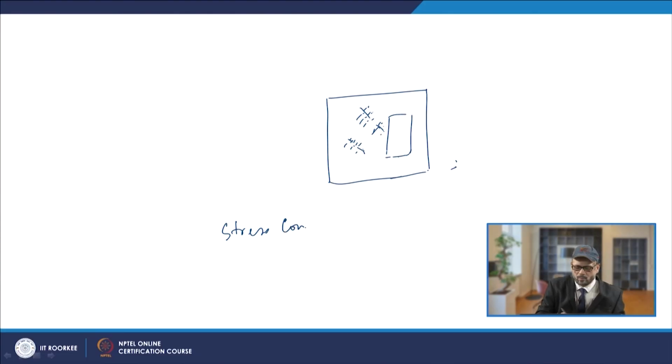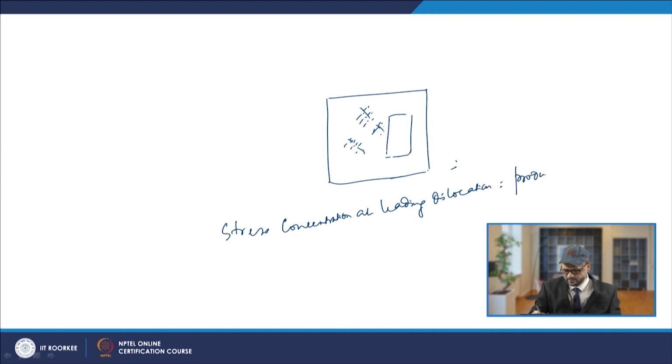Now, when you have the piled up array of dislocations, the stress concentration at the leading dislocation will be the product of the critical resolved shear stress on the slip plane and the number of dislocations in the pile up.